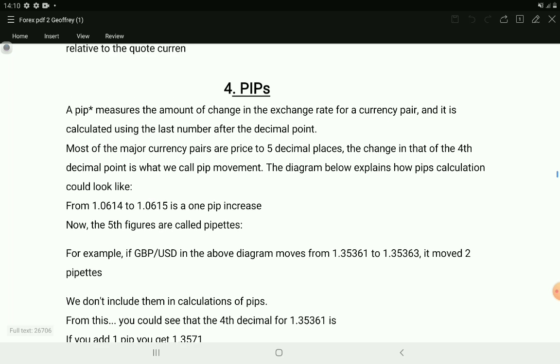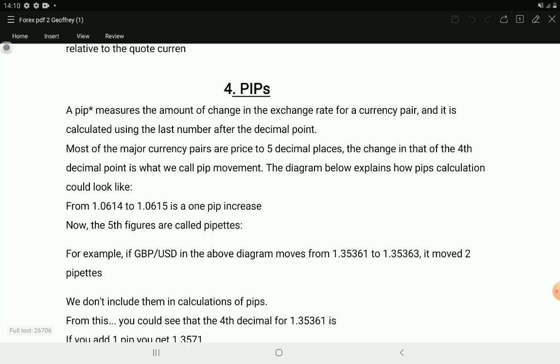For instance, now you see this example: 1.0614 to 1.0615. If you see 1.0614, its first decimal place is 0, second is 6, third is 1, then 4.